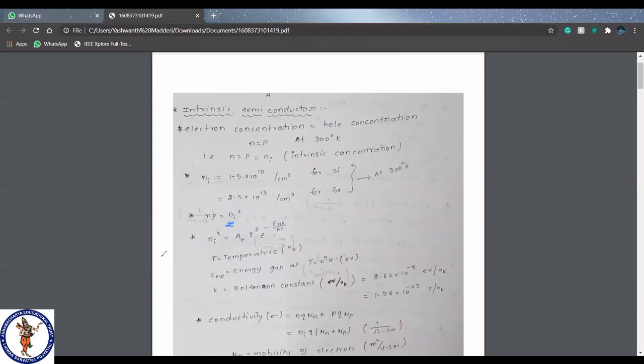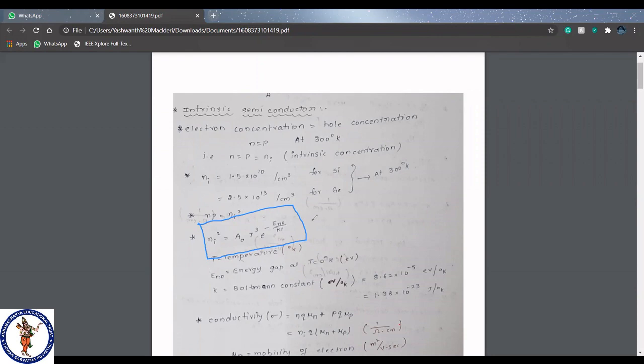Here, Ni has to be calculated using some formula. But from the GATE exam point of view, most of the time they will give Ni directly, and ask you to find the electron concentration or hole concentration, or some parameter which depends on them.